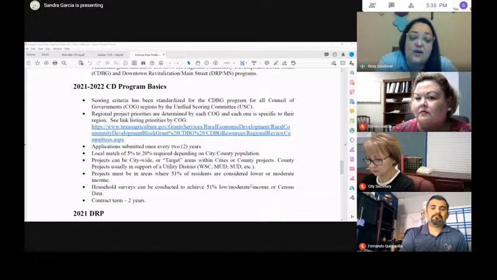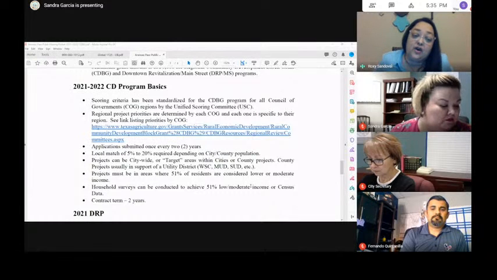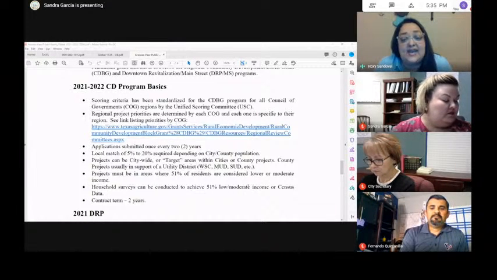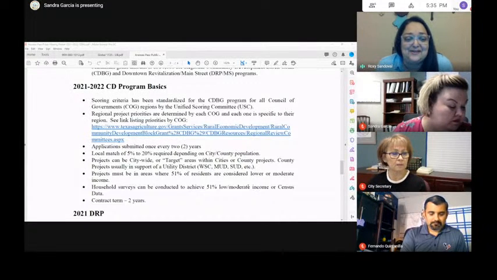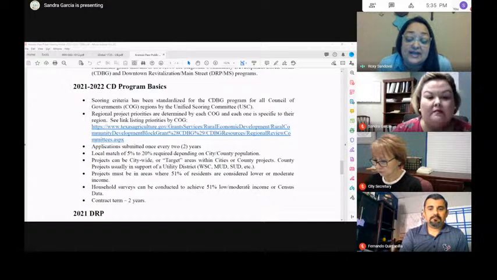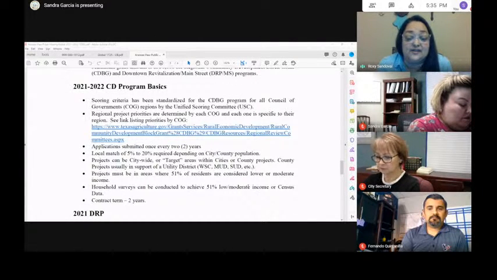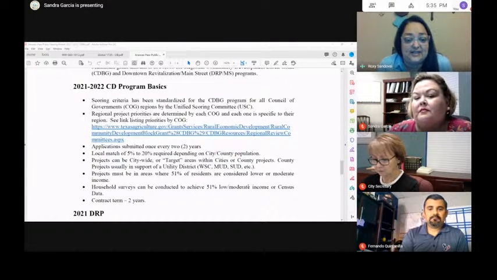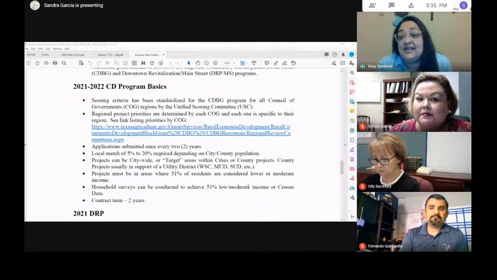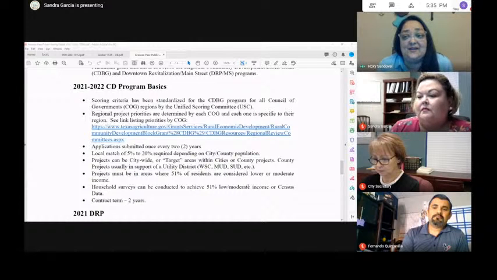Projects can be citywide if you have a citywide LMI, low to moderate income designation, or it can be target areas within the city. County projects, and this is not a county project, but I'll just mention county projects can usually support special utility districts like water service, water supply corporations, and MUDs, municipal utility districts. In this case, in the city, y'all have your own utilities, so we wouldn't need to do that.